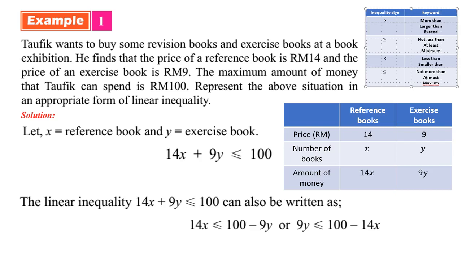The inequality sign used here is less than or equal to. Therefore, the answer is 14x plus 9y less than or equal to 100. This linear inequality can also be written as 14x less than or equal to 100 minus 9y, or 9y less than or equal to 100 minus 14x.